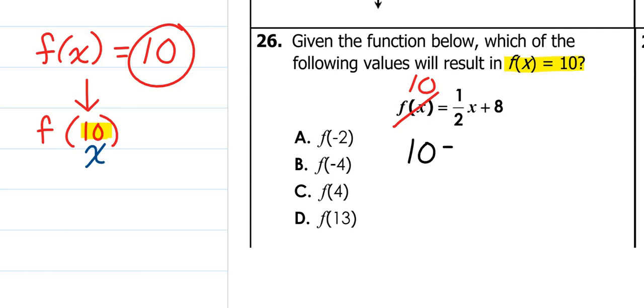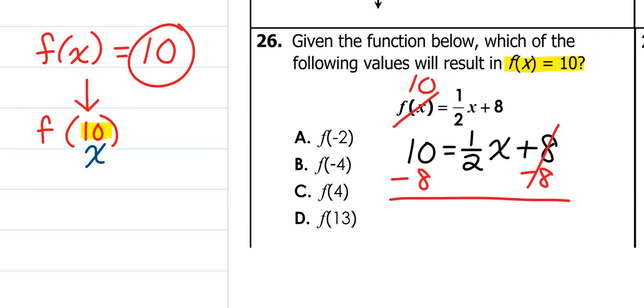10 is equal to 1/2 x plus 8. So I'm going to solve for x. I'm going to solve for the input that would allow me to get 10 as an output. All right, so I'm going to subtract 8 from both sides. 10 minus 8 is 2, which equals 1/2 x.